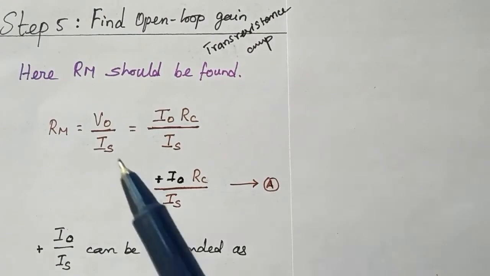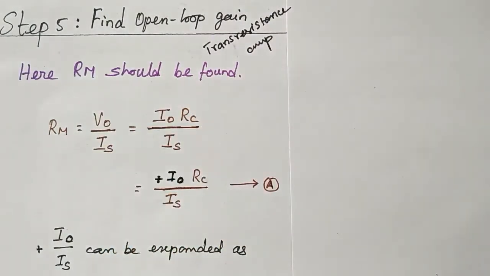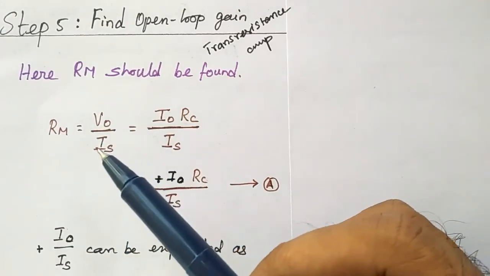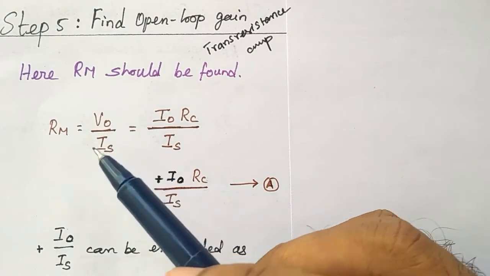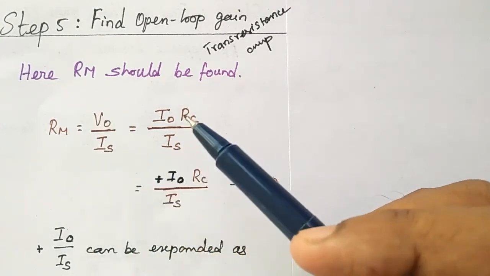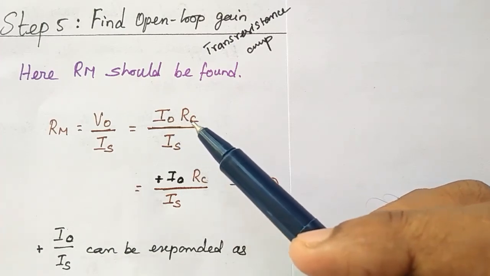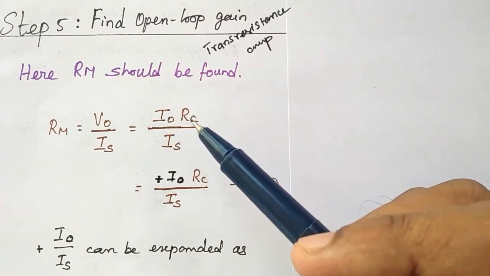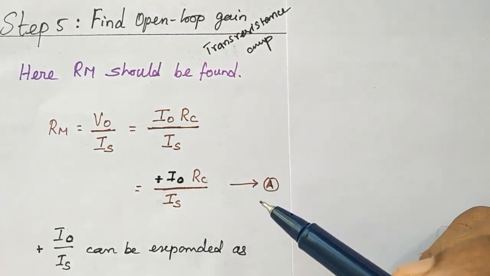Hence, we have to find the trans resistance gain RM. For that, what is the formula? By writing Ohm's law, I can write RM is equal to output voltage by input source current. The output voltage can be rewritten, using Ohm's law, as I0 into RC, the load resistance, so RM is I0 into RC by IS. Let this be considered as equation A.